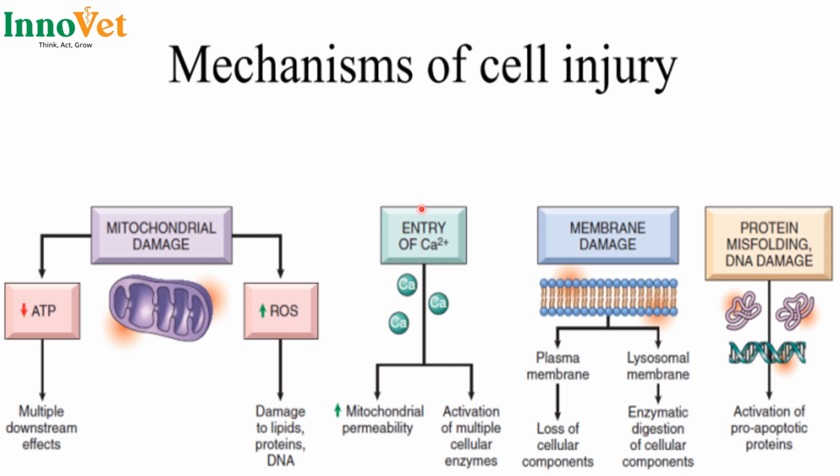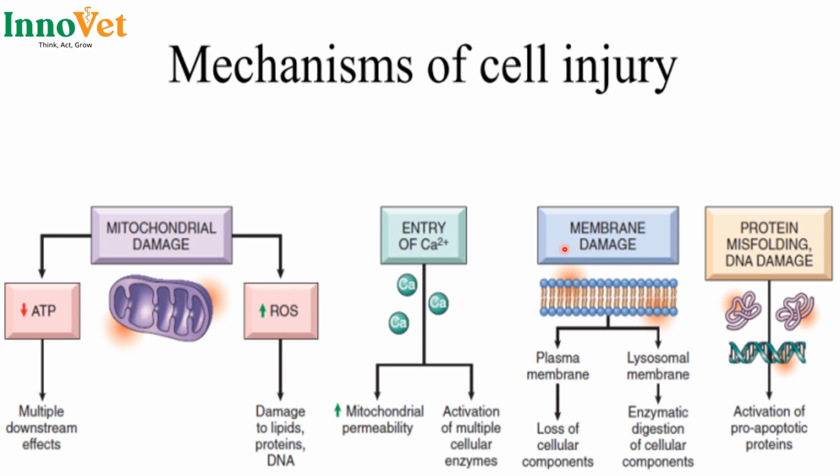Then we also have entry of calcium. When calcium accumulates in the cytoplasm, it will increase mitochondrial permeability, causing the mitochondrion to release apoptotic enzymes. Then it will also lead to activation of multiple cellular enzymes, for example, the proteases, the ATPases that facilitate faster breakdown of ATP.